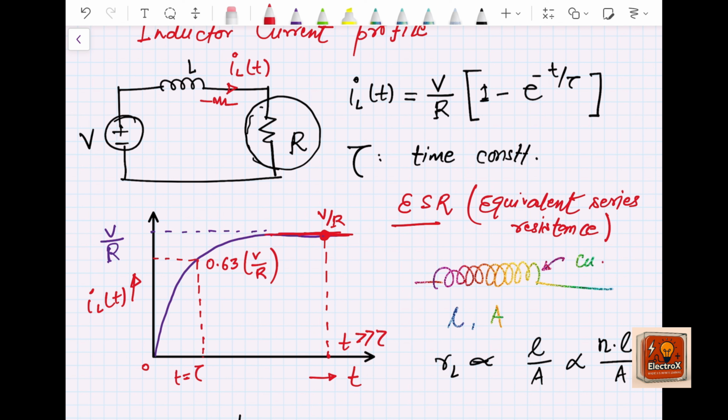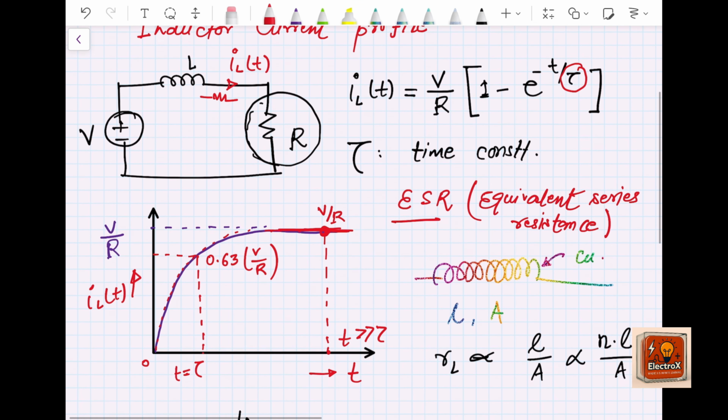Whereas before the steady state, the inductor current rises slowly and exponentially, depending on the time constant tau, which is a function of the inductance and the equivalent resistance.